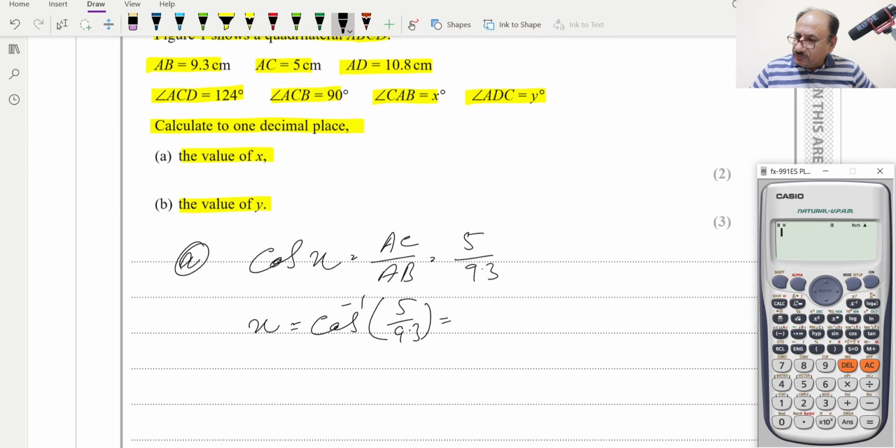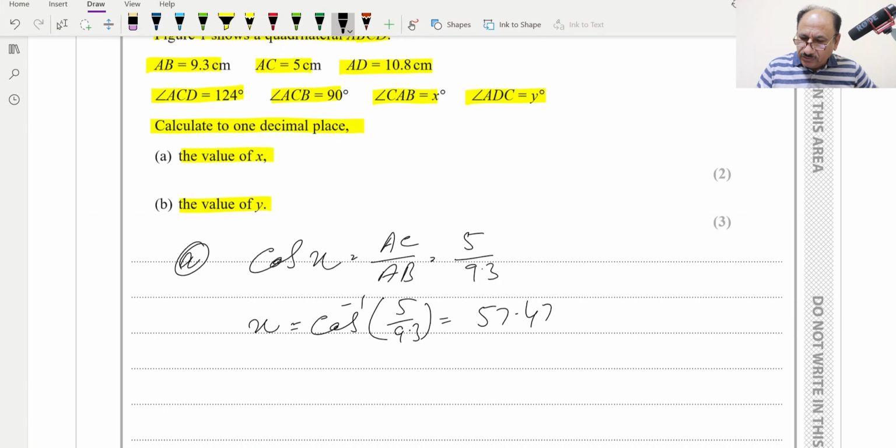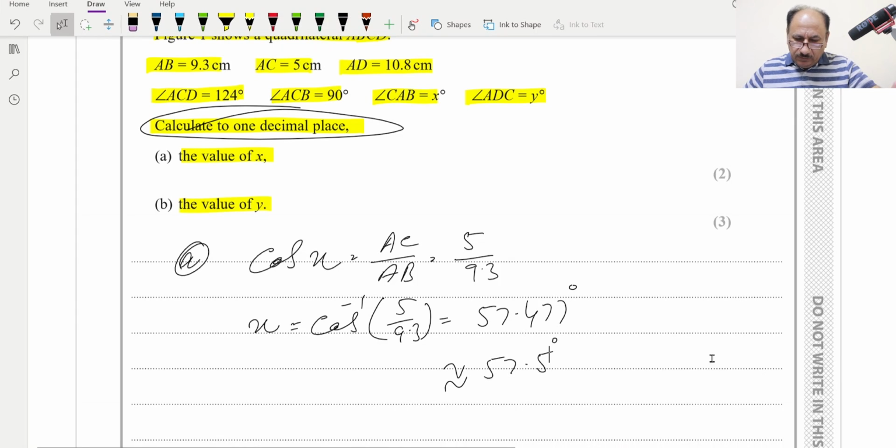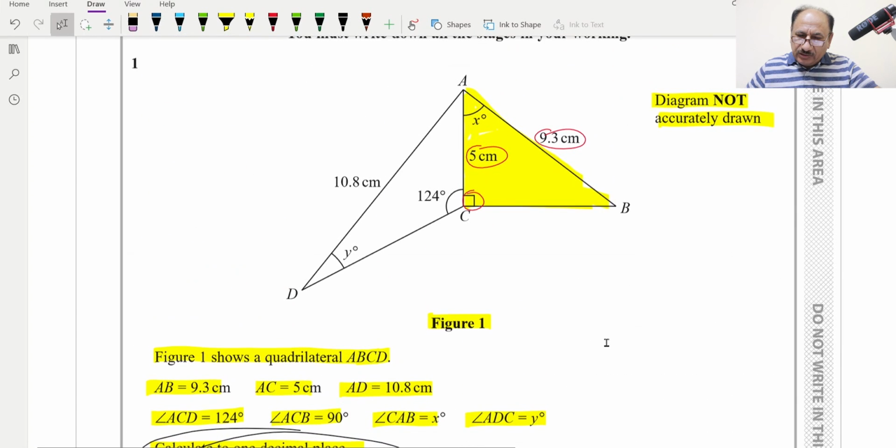Shift cos of 5 over 9.3 is equal to 57.477 degrees. They are saying calculate to one decimal place, so one decimal place will be 57.5 degrees. This will be the x value.